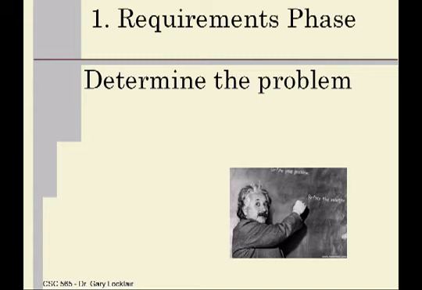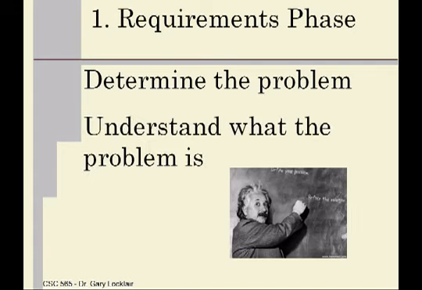The purpose of the requirements phase is to determine the problem. Now, again, the actual verb you use, I don't care. Understand, determine, figure out, analyze. It all means the same thing. You have to understand the problem before we can come up with a solution.